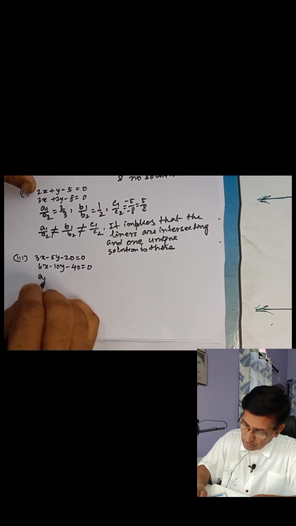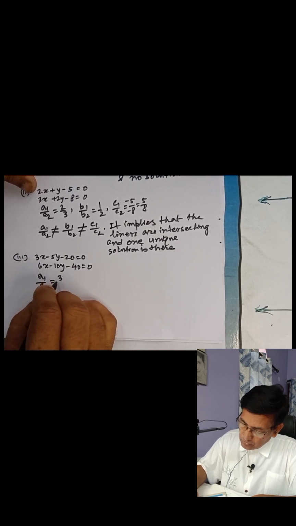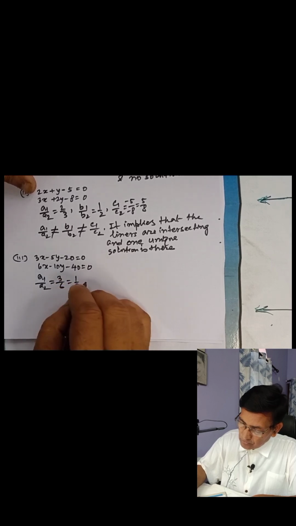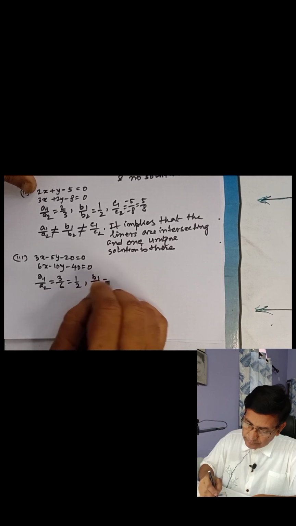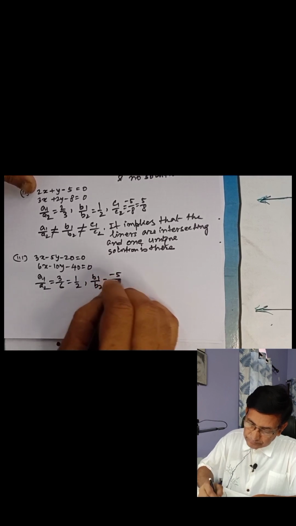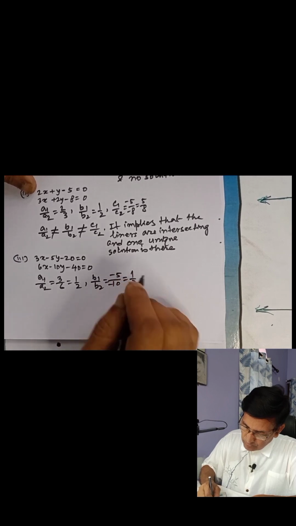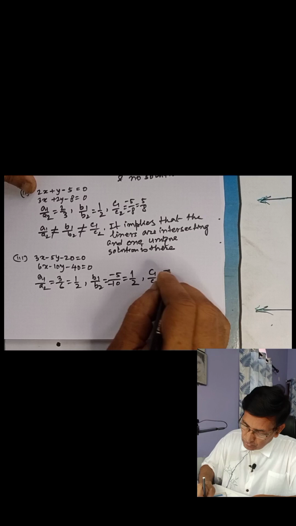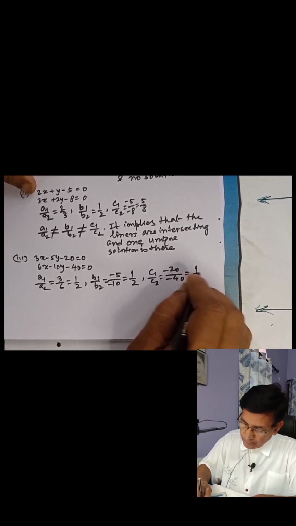Here also A1 by A2 is equal to 3 by 6 is equal to half. B1 by B2 is equal to minus 5 by minus 10 is equal to half. C1 by C2 is equal to minus 20 by minus 40 is equal to half.